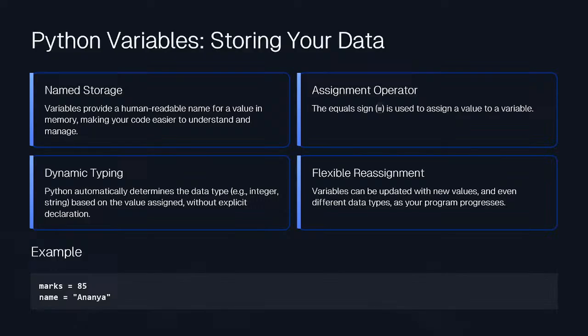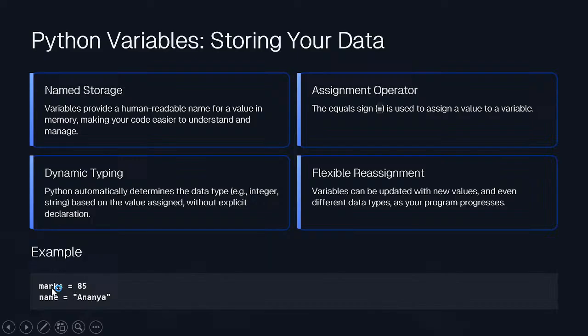You can specify anything as a variable, like a, b, c, d, or marks or name. So here I have specified marks is equal to 85.